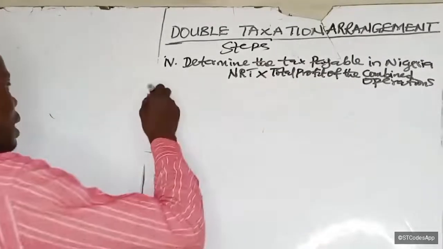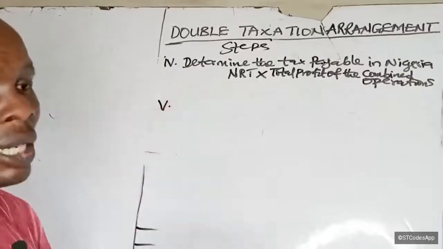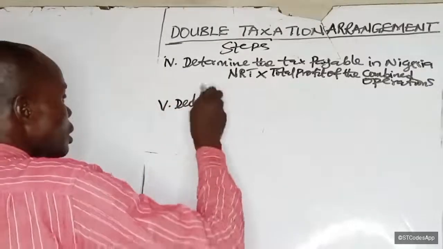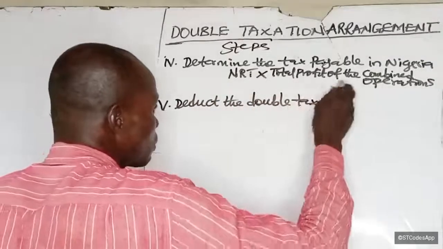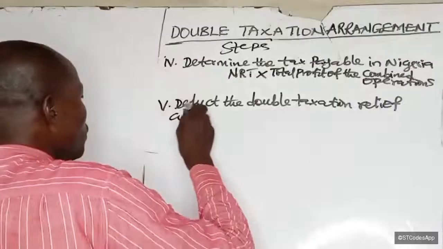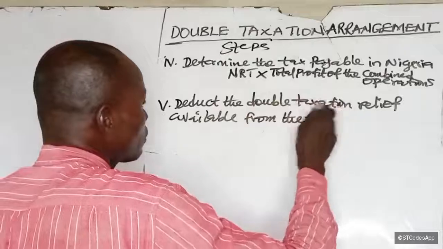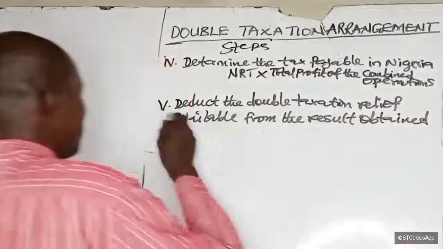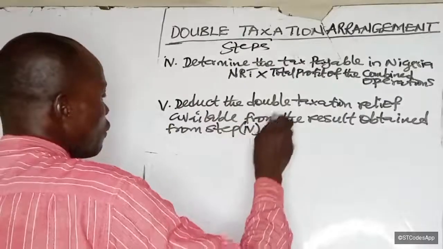So, step 5: deduct the double taxation relief available from the results obtained from step 4 above.